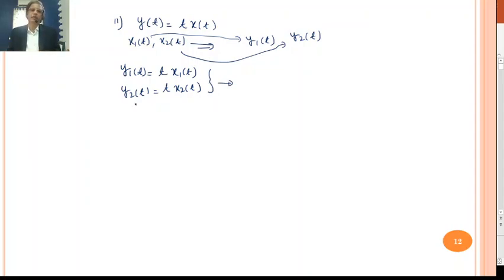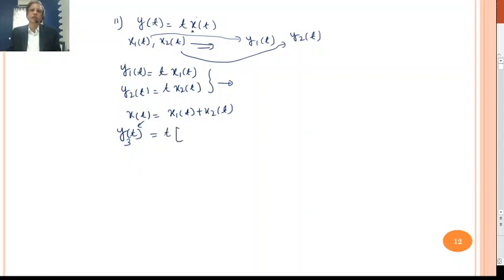Now combine this, and after combining, x of t is now x1t plus x2t, and due to that find out the response, and that response is y3t equal to t.